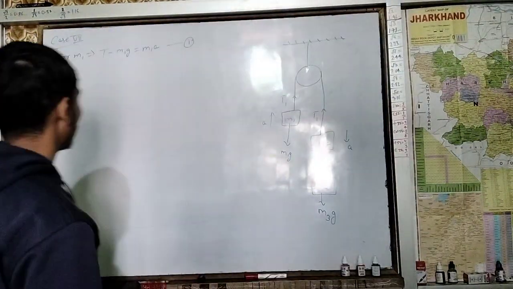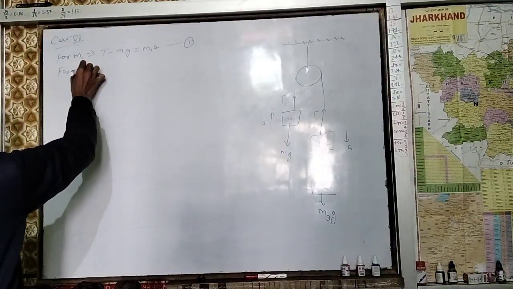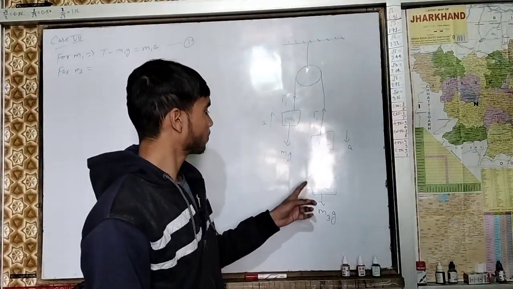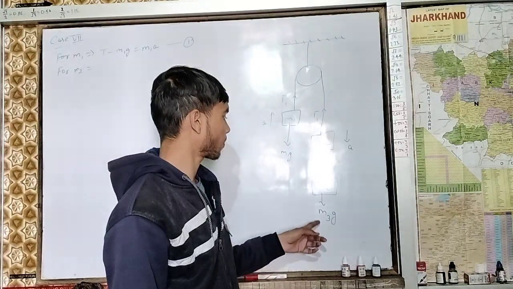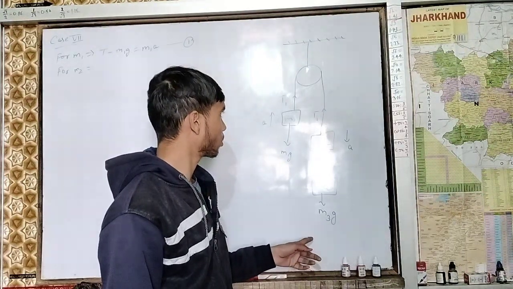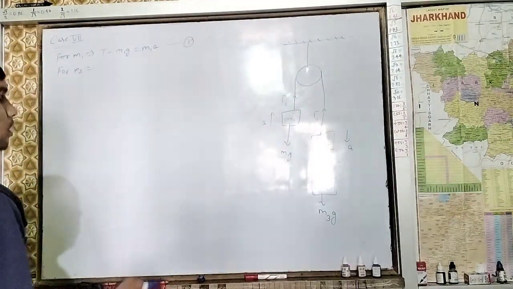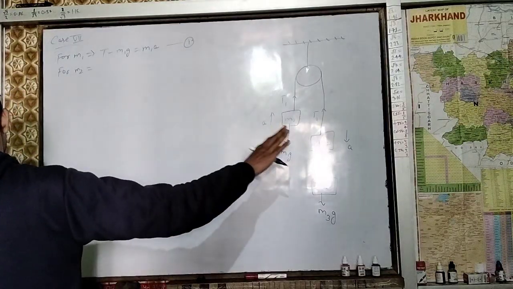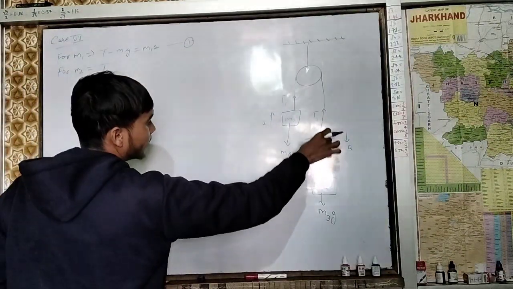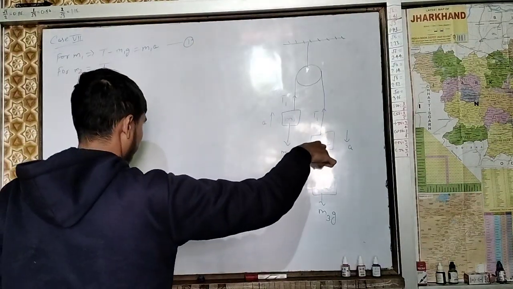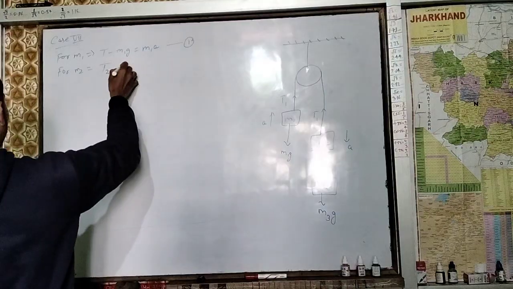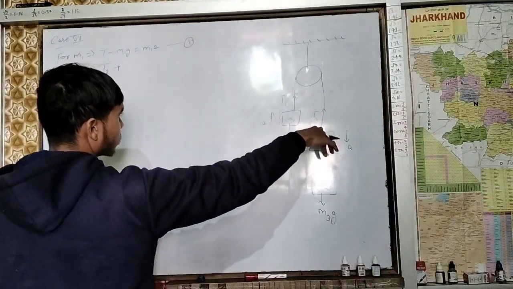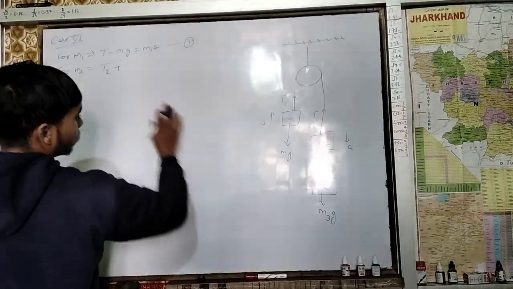For M2, downward is how much? T2 plus, or you can say T2 minus T1 will be equal to, so for T2, this T2 and M2Z, okay, direction is down.